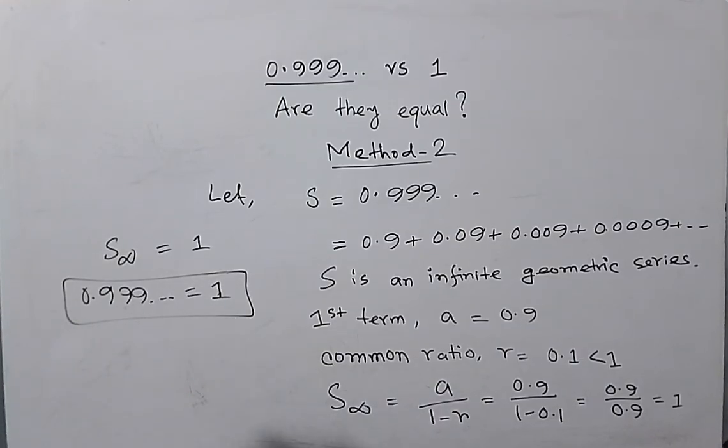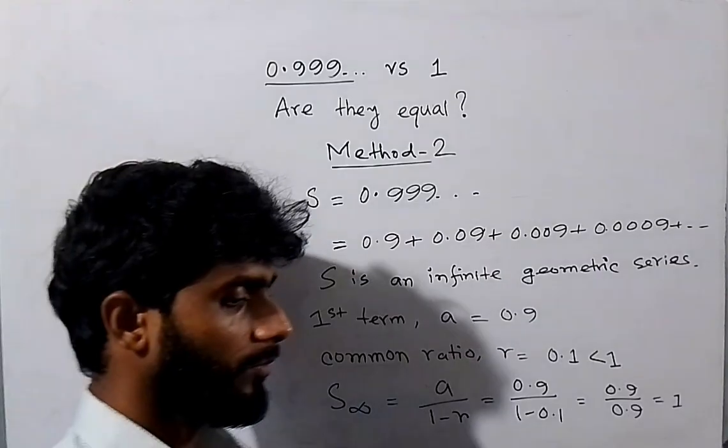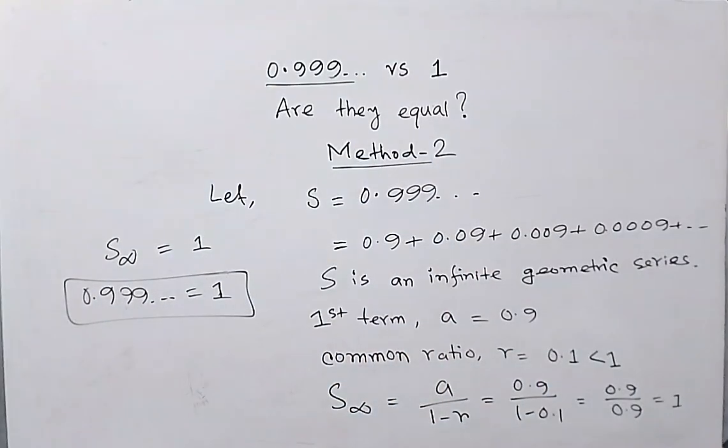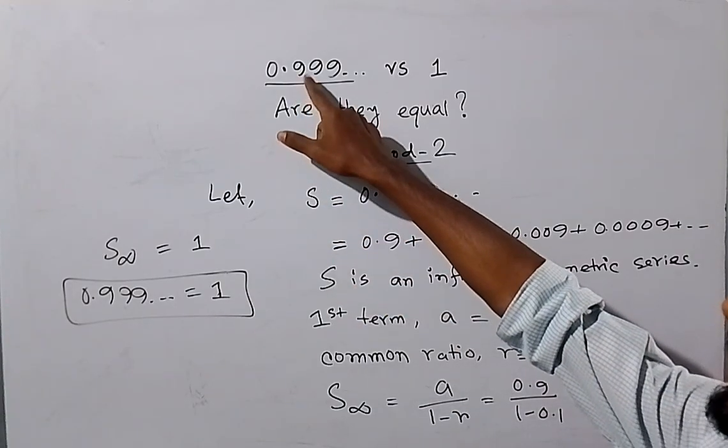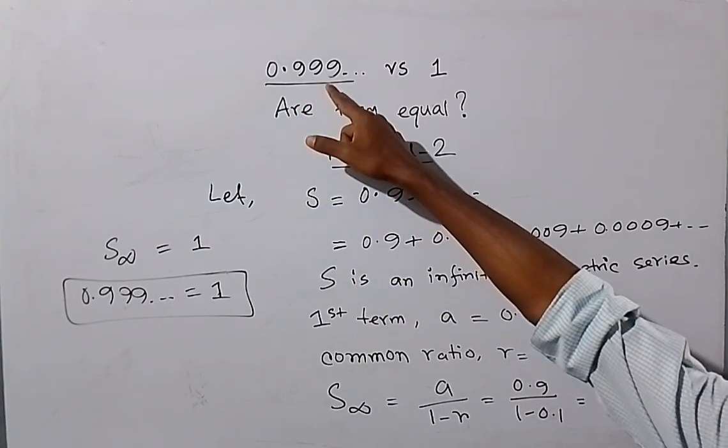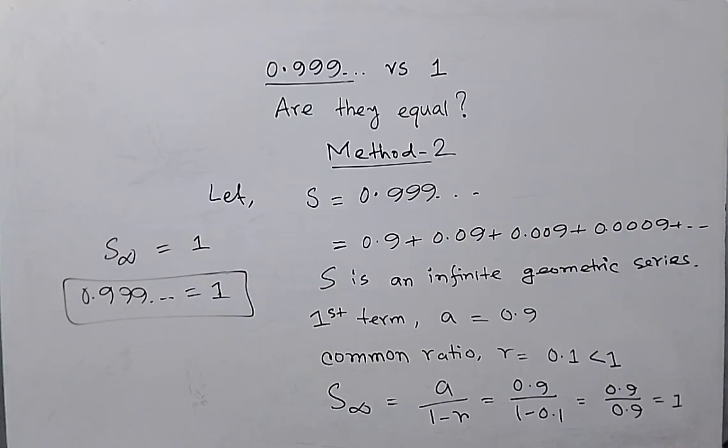Now I want to use limit here. I have seen that it's 0.999, so there are many nines here.